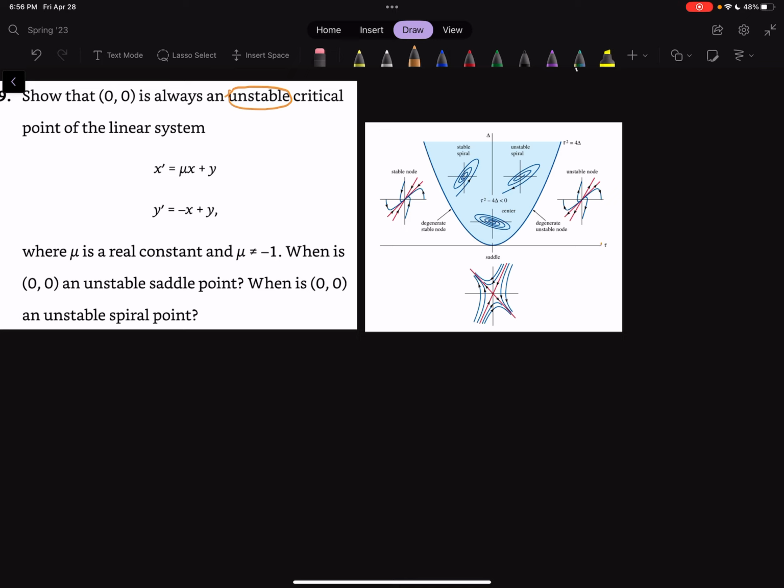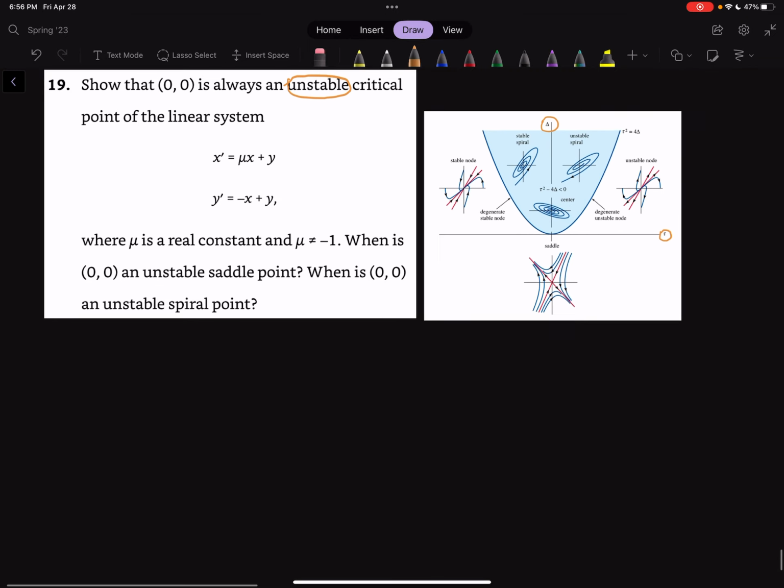The trace is the sum of the diagonal entries. Actually, I don't know if it works for higher matrices as well. I haven't tried. And this is the discriminant. Sorry, not the discriminant, the determinant.